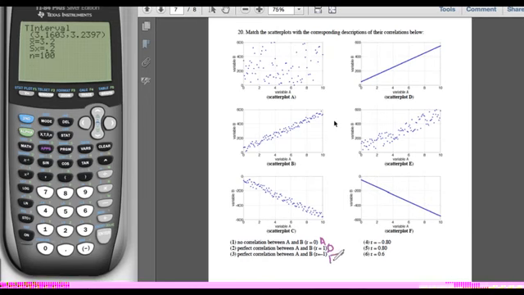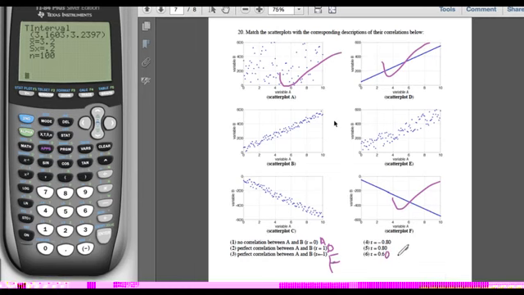That would be F. So I've matched A, D, and F. I've got 3 scatter plots left and 3 R values. I've got negative 0.80, positive 0.80, and positive 0.60.